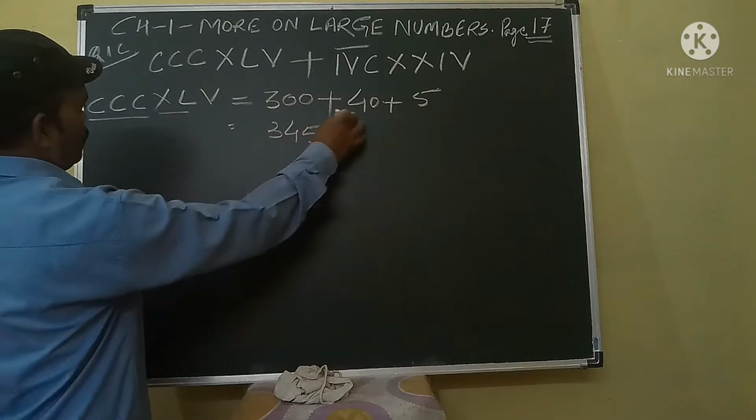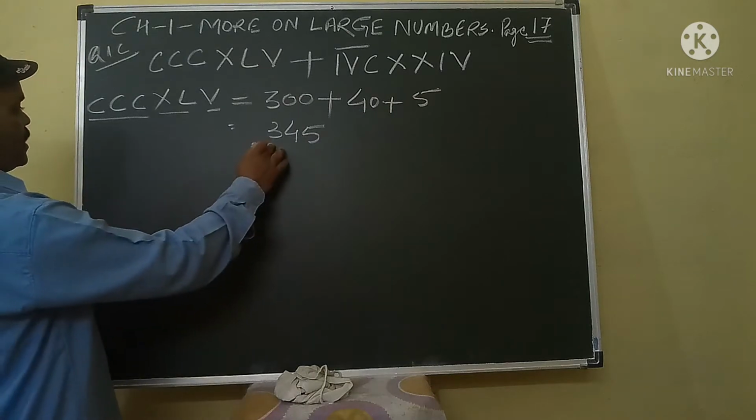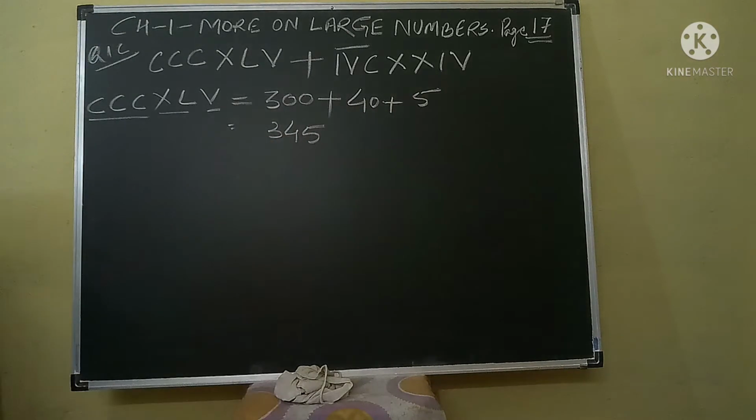XL is the symbol of 40, plus V is the symbol of 5. So it will give you 345. Okay.